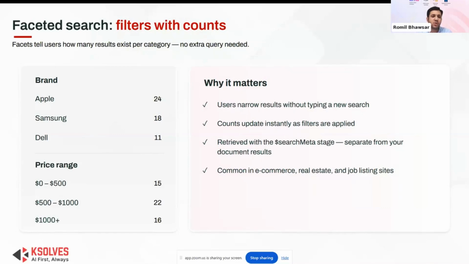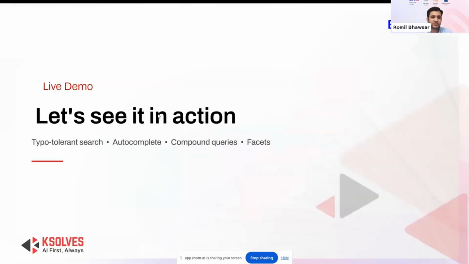The special thing is we don't need to type any text inside the search bar. It comes automatically and updates instantly as filters are applied. So let's suppose if you are applying any filters on the price range, it will update instantly. Let's see these in action.